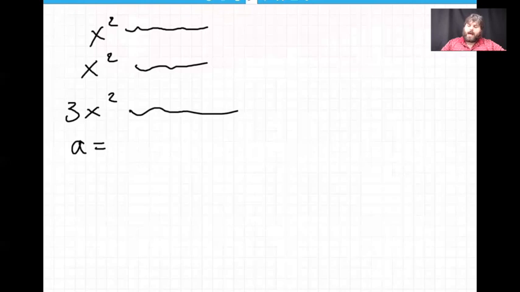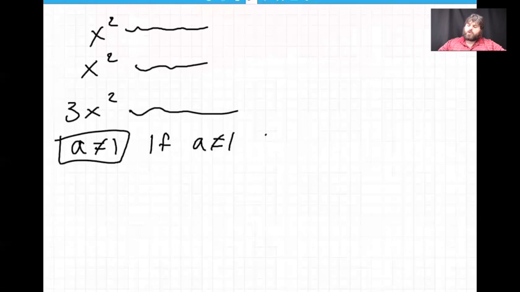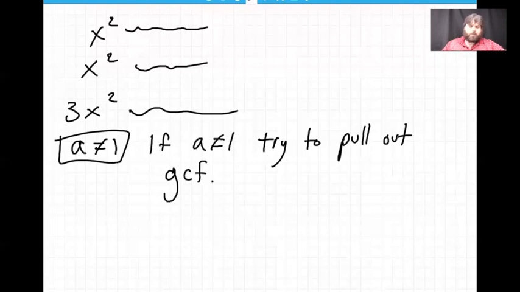So we're going to say what happens when A does not equal 1. Remember, A is the number in front of the x squared term. So if A does not equal 1, try to pull out a common factor. Try to pull out that GCF, okay?